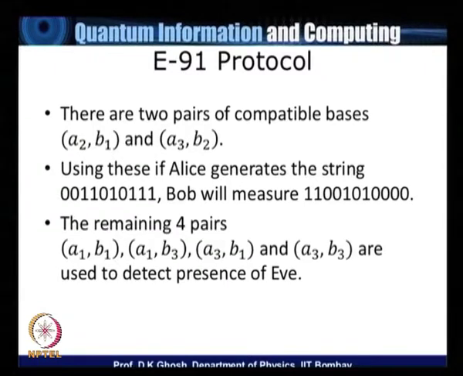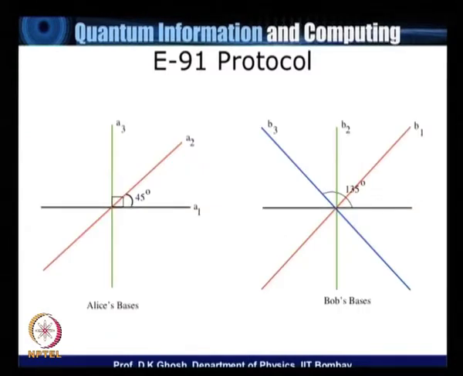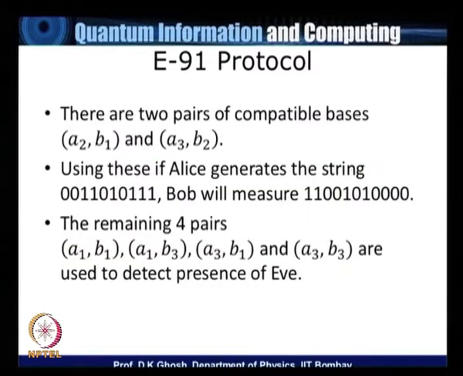So these are compatible bases in the sense that suppose Alice generates using one of these bases 0 0 1 1 0 1 0 1 1 1. Then Bob will measure the complementary string, and you can see why. Supposing Alice used, we are talking about a pair, let us say A2 B1.